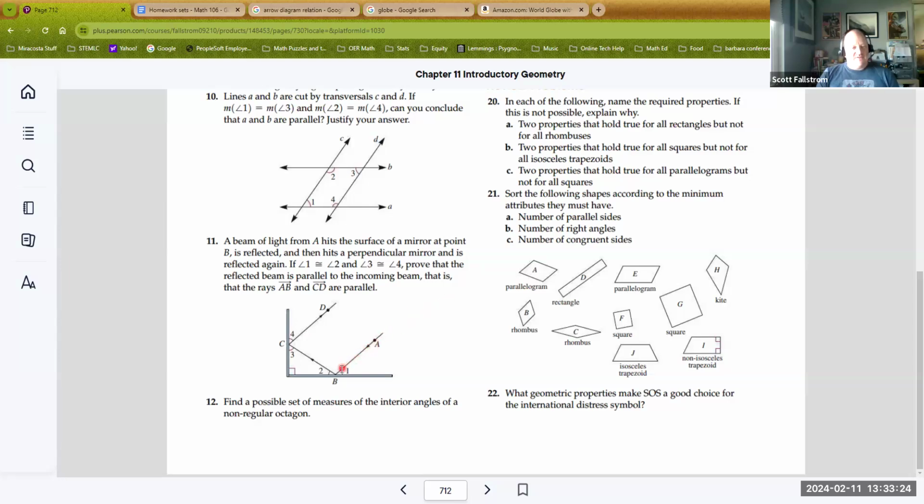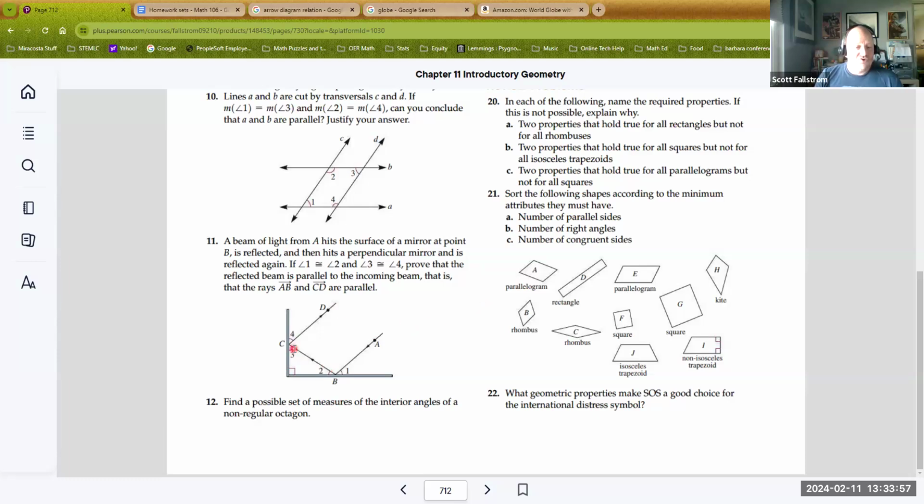So you see this beam of light comes in, it reflects. And what you get to see is when it does reflect, it bounces in a very specific way. So angle 1 and angle 2 are actually the same measure, which is cool. And angle 3 and angle 4 are the same measure. That doesn't mean that 2 and 3 are the same. It just means that 3 and 4 are the same. And if you did have mirrors lined up and the mirrors were perpendicular to each other, the light would bounce off and go back in the direction that it came from.